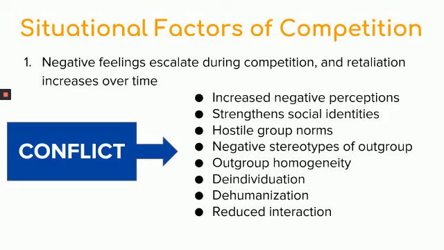But of course, the stronger you see your group as different and separate and morally better than the other group, is going to lead to more conflict and retaliation because you feel like you are justified. Hostile group norms, so obviously the group norms are we are good, they are evil, therefore we're justified in being mean to them, being angry to them, being hostile to them, being violent to them.